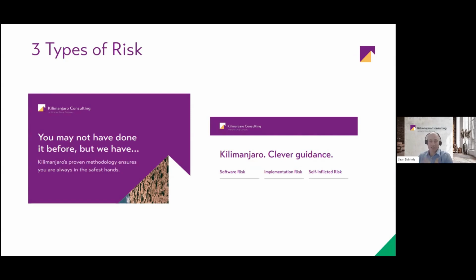Implementation risk, we'll go into some more information on Kilimanjaro Consulting and how we can help minimize the risk. Self-inflicted risk is risk we can't always necessarily help with, although we can assist with things like change management, but making sure you've got the right team internally to drive a shift from your current software onto an ERP solution is absolutely critical. We'll go through each of these three areas as we move through the webinar today.